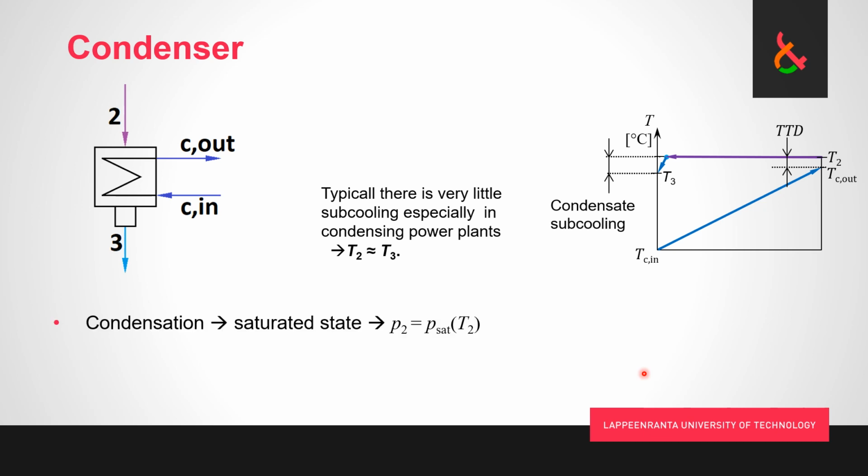And temperature 2 has to be the saturated temperature at that pressure, and conversely, once we know the TTD, or terminal temperature difference, then from the outgoing temperature we can solve what the temperature 2 is, and then knowing that it is the saturated temperature, the pressure becomes fixed.